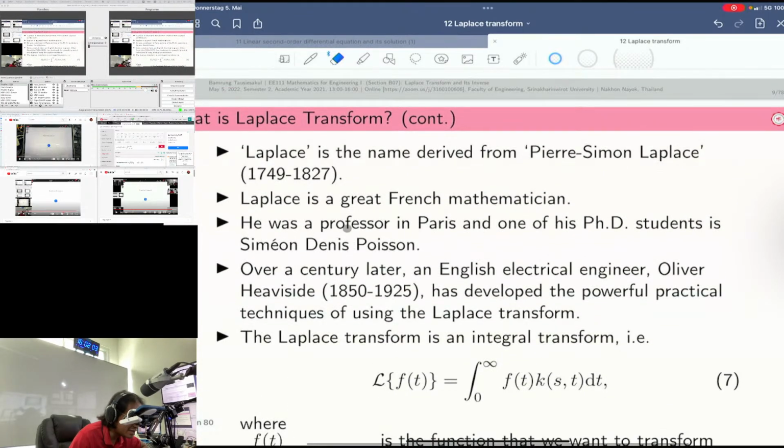What is the Laplace transform? I'm going to use the plain pronunciation, not like the French guy. Laplace is the name derived from Pierre-Simon Laplace.